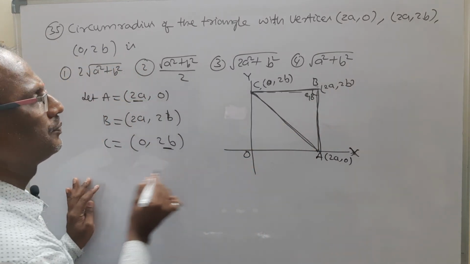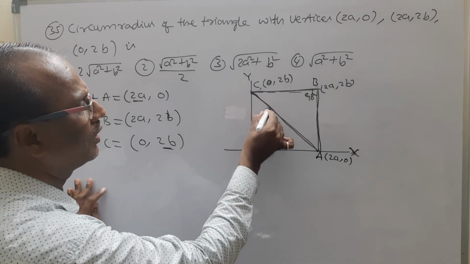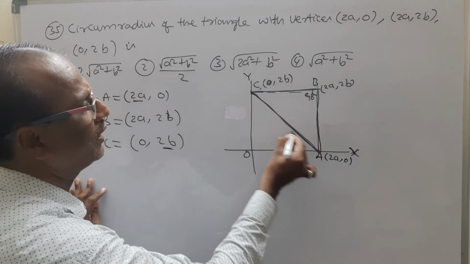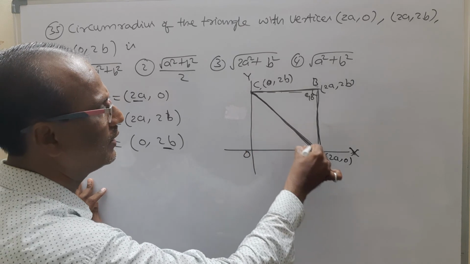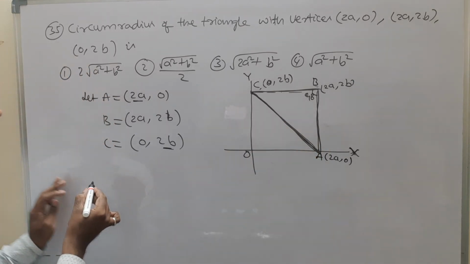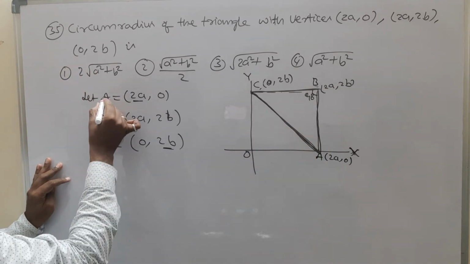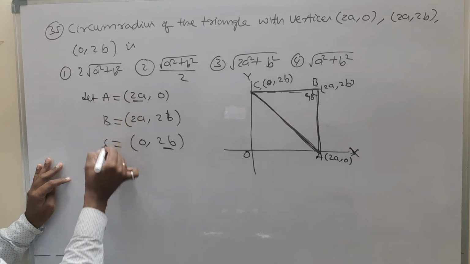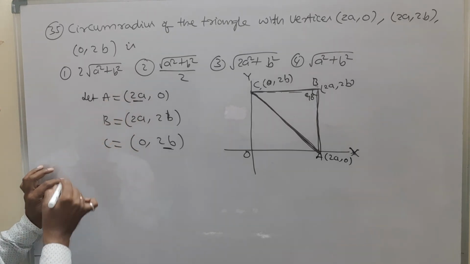Here to find the radius of the triangle: AC is the diameter. In a right angle triangle, A and C are the hypotenuse end points, and the hypotenuse is the diameter.